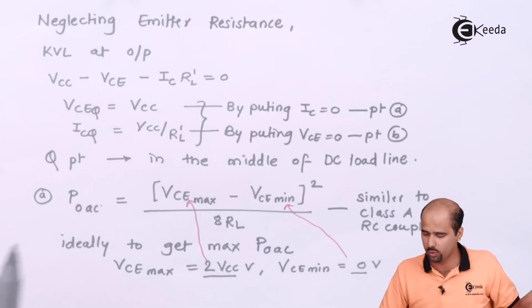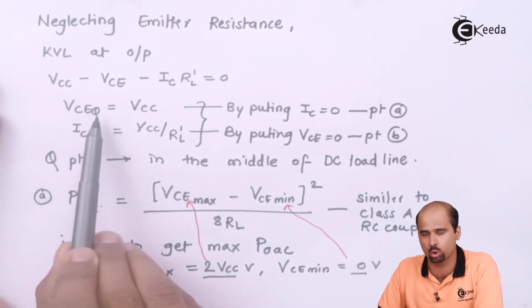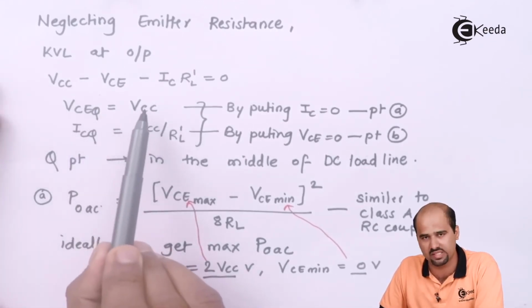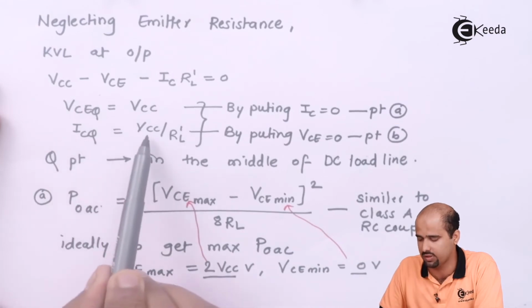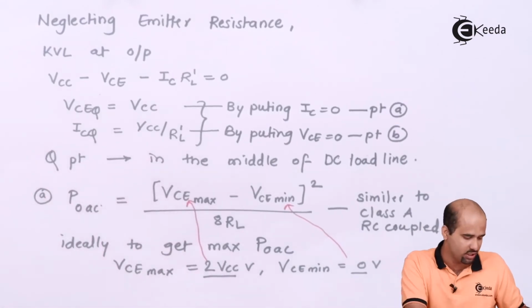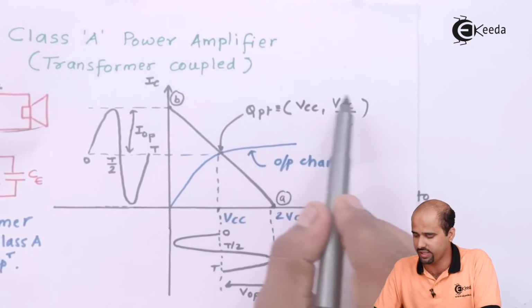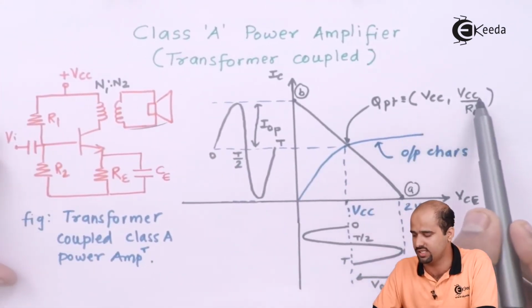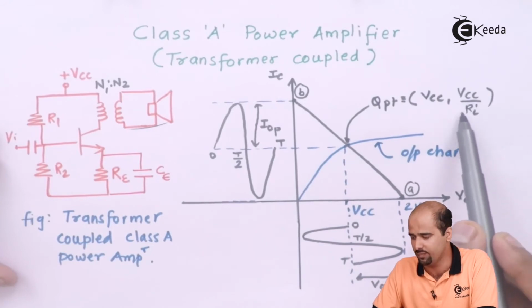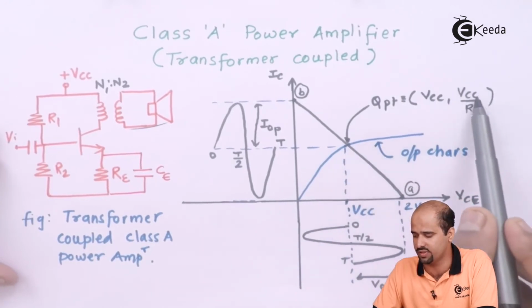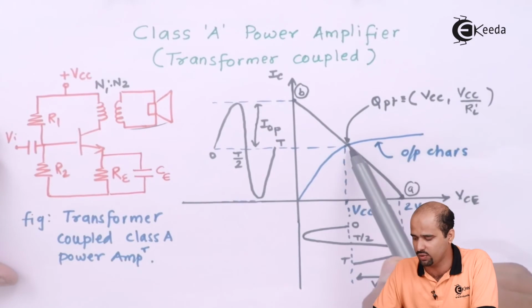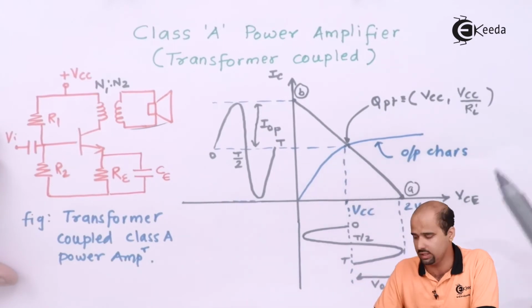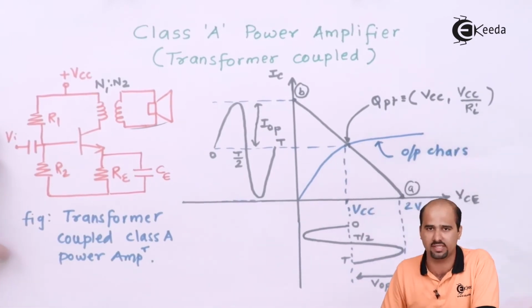So that's why VCEQ is VCC and ICQ is VCC divided by RL dash. On the Q point itself, the Q point is VCC comma VCC divided by RL dash, where ICQ is VCC divided by RL dash and VCE is the value of VCC.